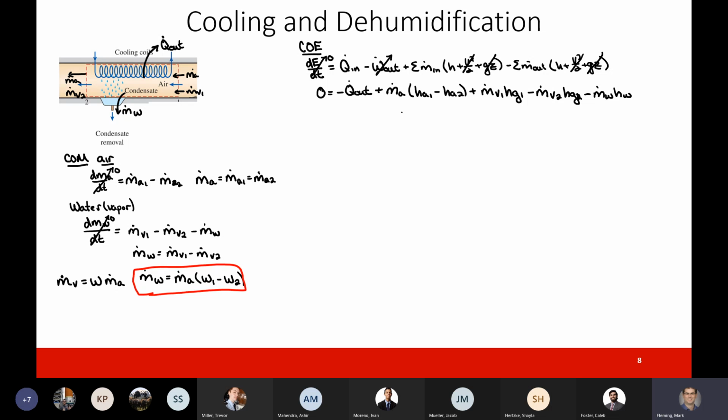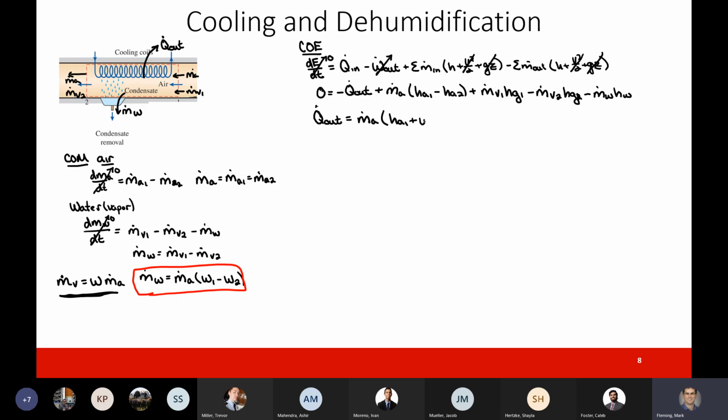Now, in the previous example that we saw in class yesterday, we were able to combine some terms. So let's go ahead and set ourselves up to do that. Flipping this to the other side, I have the heat transfer rate out. This is equal to the mass flow rate of the dry air times the enthalpy of the air at state 1, and we can use this trick that we did over here with this substitution, getting the mass flow rate of the vapor in terms of the mass flow rate of the dry air.